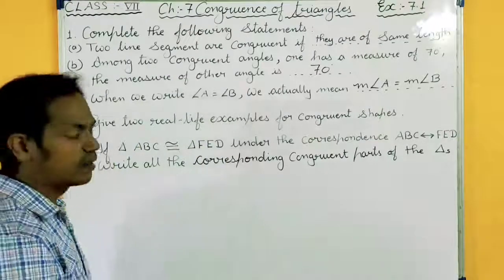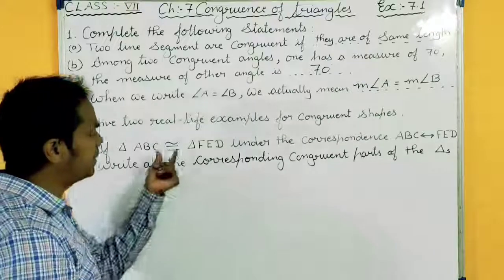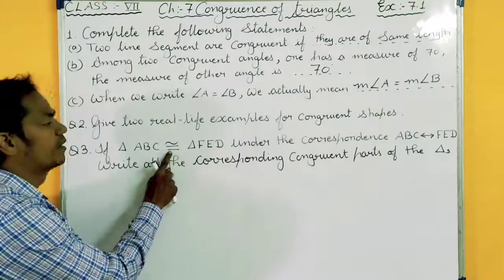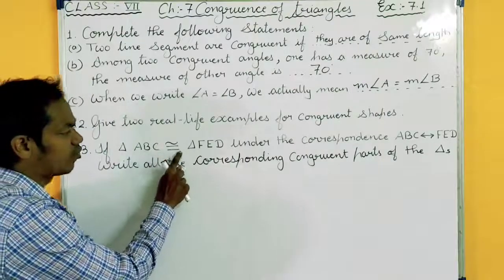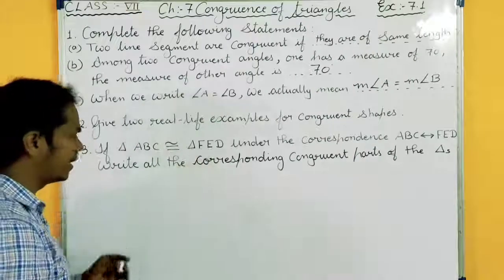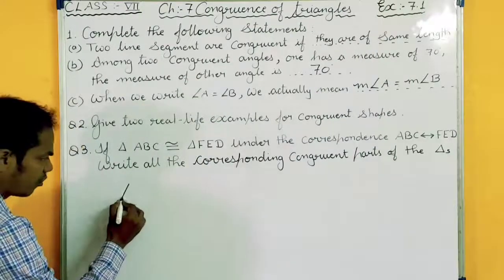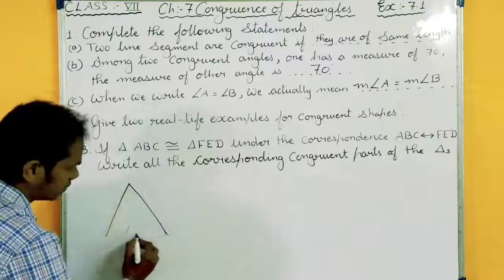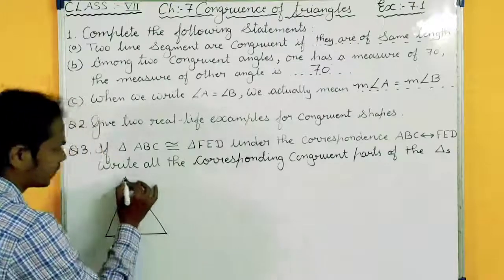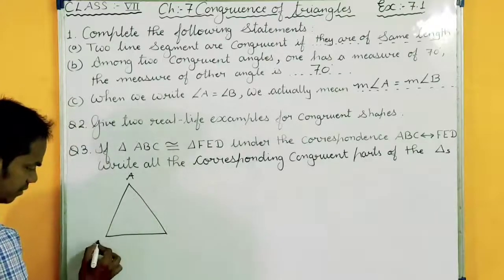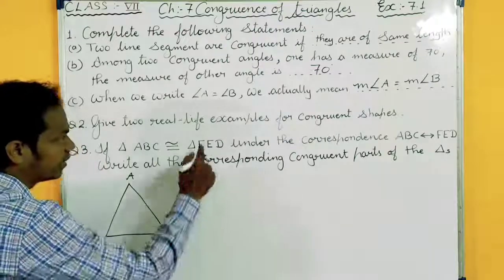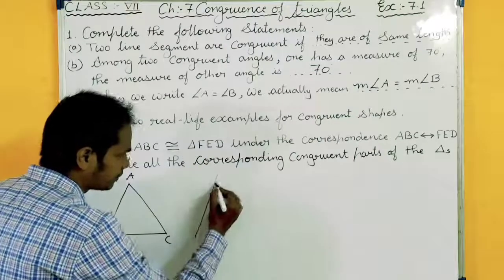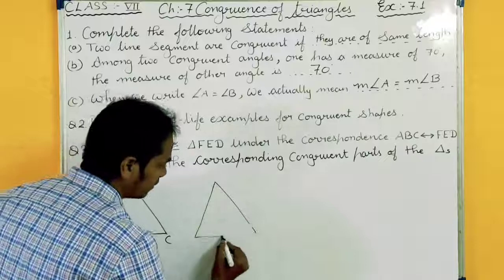Now question number third. If triangle ABC is congruent to triangle FED, this is the symbol of congruent. Here I will make two small triangles. Suppose this is my triangle ABC, and the second triangle is FED.